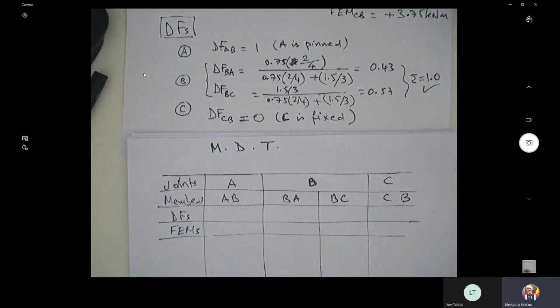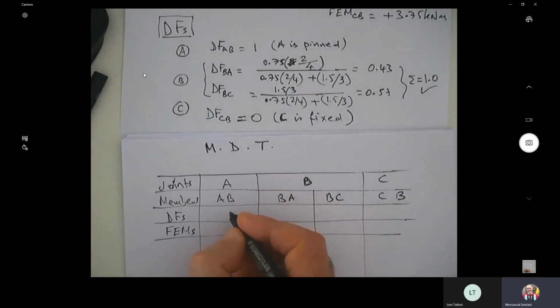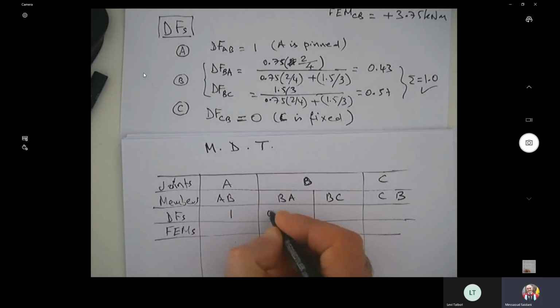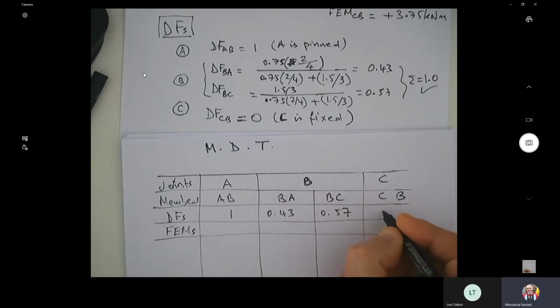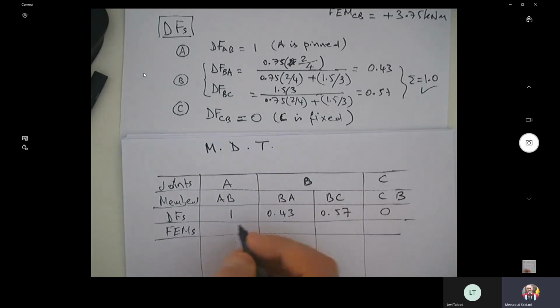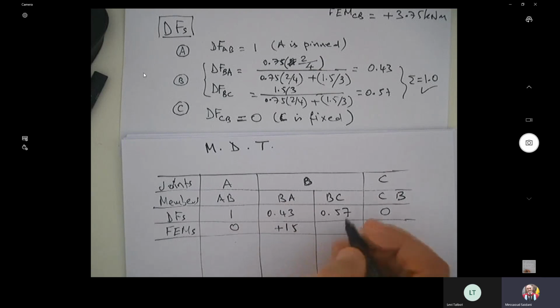Distribution factors: at A we have 1, then 0.43, 0.57, and we have 0. Fixed moments: at A we have 0 because it's pinned. Then we have plus 15. Then we have minus 3.75 and plus 3.75.